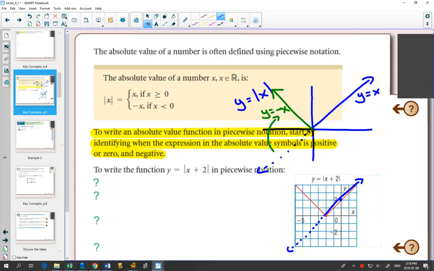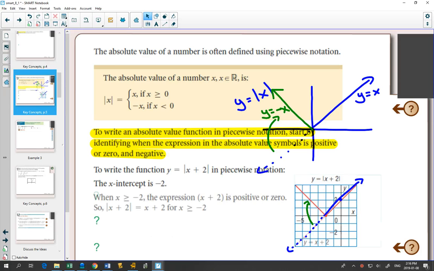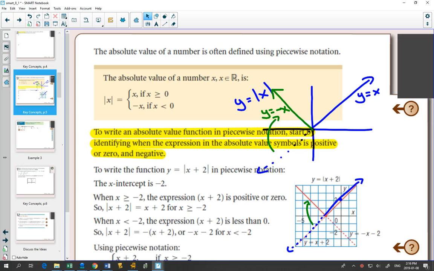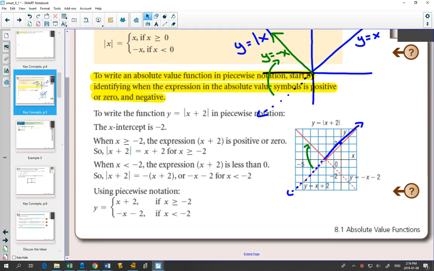Wherever the original inside graph is negative, that part gets reflected up. So when we try to write the piecewise function for this, we say that it's equal to x plus 2. That was the original inside when it was positive. In other words, when the x values were bigger than or equal to negative 2.